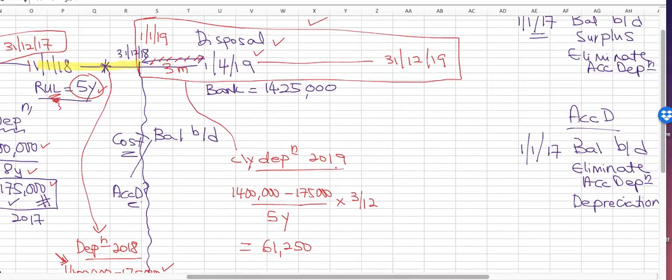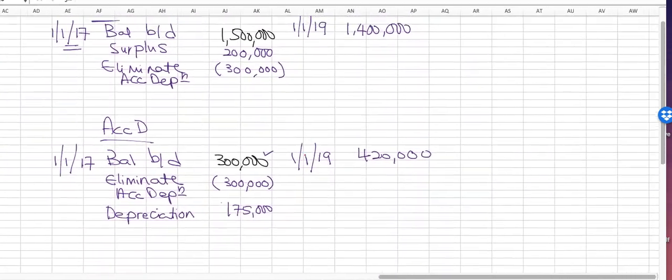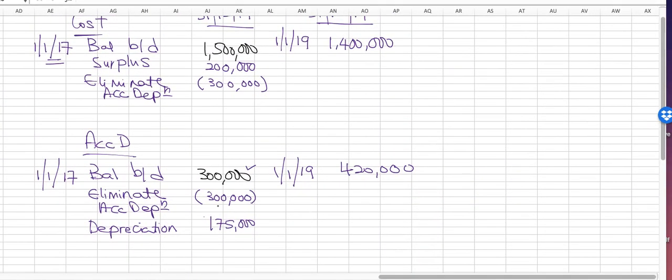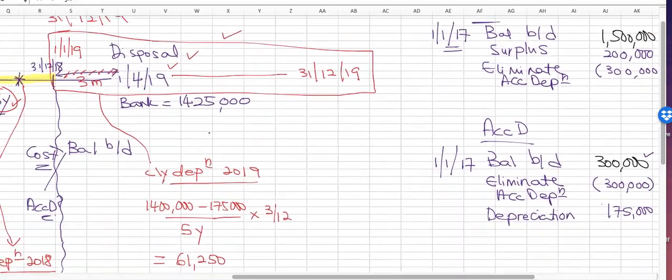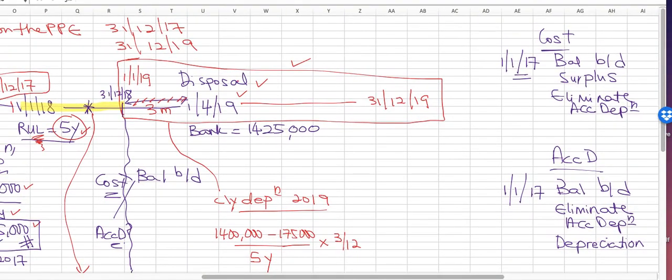Okay, now let's record 61250 first in the note. So that one goes under depreciation. Okay. Now next, information on disposal. For disposal, there are 4 things.